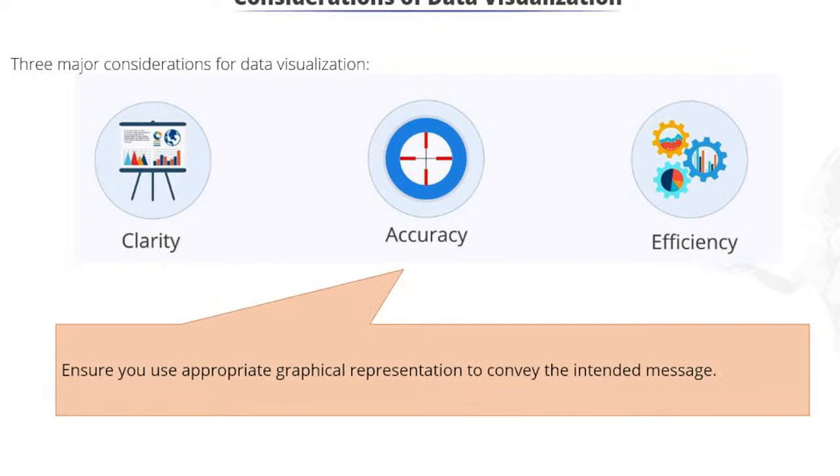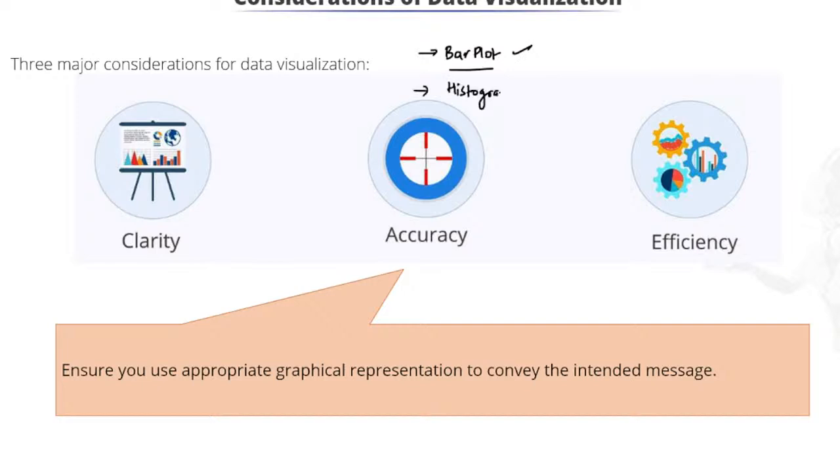Second part is accuracy. Secondly, ensure using appropriate graphical representation to convey the right message. We have to understand that different plots cannot be used to describe the similar type of data. Some plots, like, let's say, a bar plot, are used majorly to describe a certain type of data.